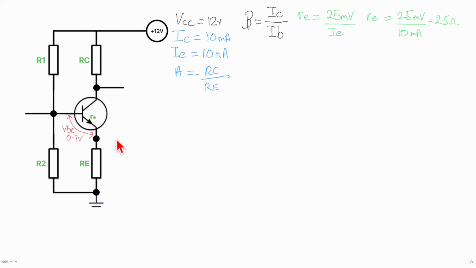We've talked about why we need this RE. That's the point and purpose of this resistor, to swamp out the intrinsic resistance of the transistor, known as little RE. But what value is it going to be? All these calculations I'm going to be doing now are just simple rearrangements of Mr. Ohm's famous law. So we know what the current is that we want here: we want 10 milliamps.